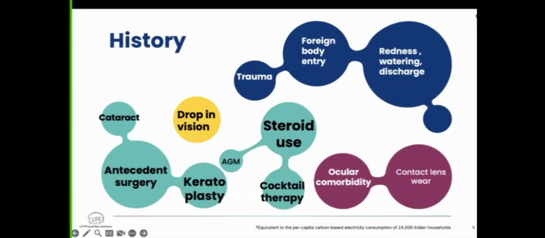So it's very important to ask whether the patient underwent any kind of surgery. Most commonly in the case of corneal infections, it may be a cataract surgery or pterygium surgery or a keratoplasty as a corneal surgery. These things will predispose the patient to develop an infection, and such infections are more commonly bacterial.